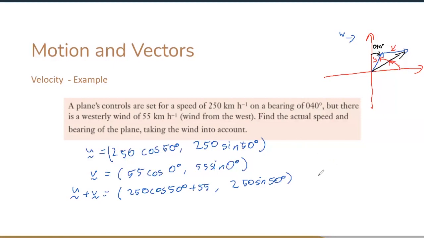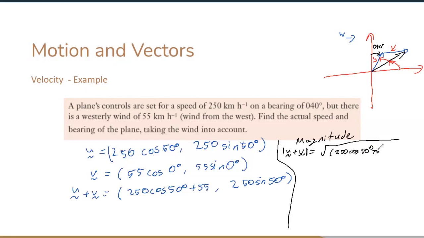All right. So now we're in a really good position to be able to find the magnitude and the direction. So let's start by finding the magnitude. For the magnitude, we just do what we always do. So we want the magnitude of u plus v. So this is going to be 250 cos 50 degrees plus 55 all squared plus 250 sine 50 squared, all under a square root.